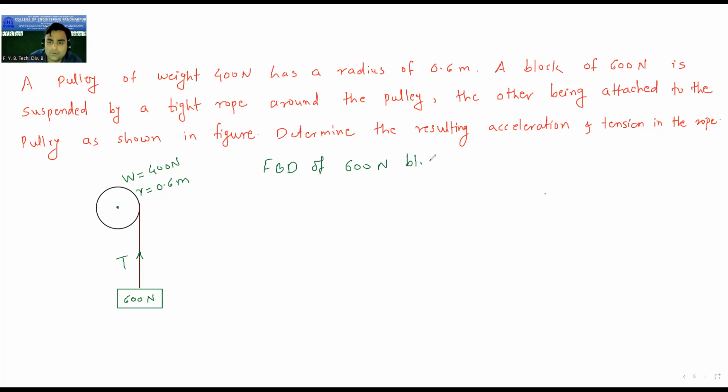So now if you draw the free body diagram, this is the block, here is the centroid, then weight is acting vertically downwards, tension will be there, tension in the string. This is T, this is 600, and this will move down.